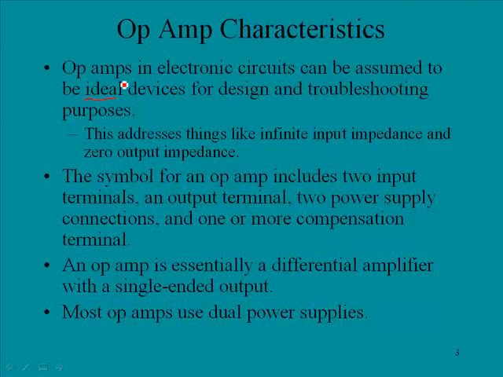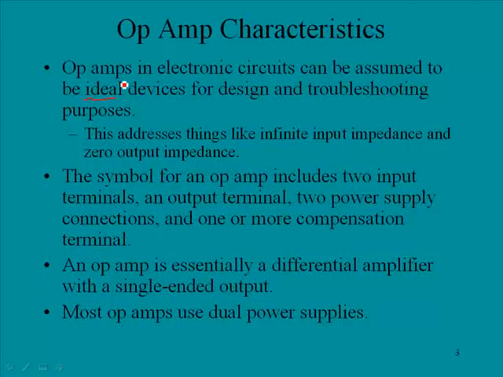Now, it isn't infinite, but it is so large that for practical purposes we consider it to be infinite. And also the output impedance, though it is not technically zero, is so close to zero that for design and troubleshooting purposes we can consider it zero. And there will be other properties of an op-amp that we will view as ideal as well.